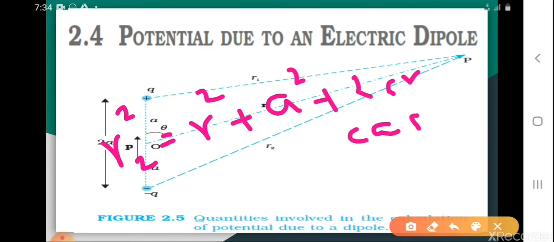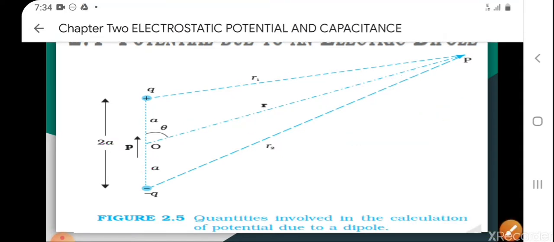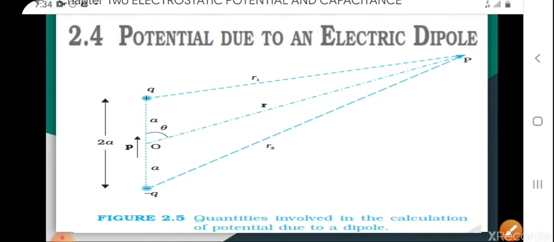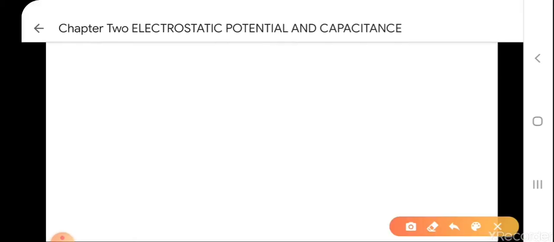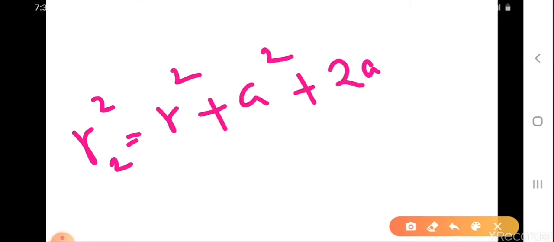Let me write again, r2 squared is equal to r squared plus a squared plus 2ar cos theta. Cos theta is not writing properly.